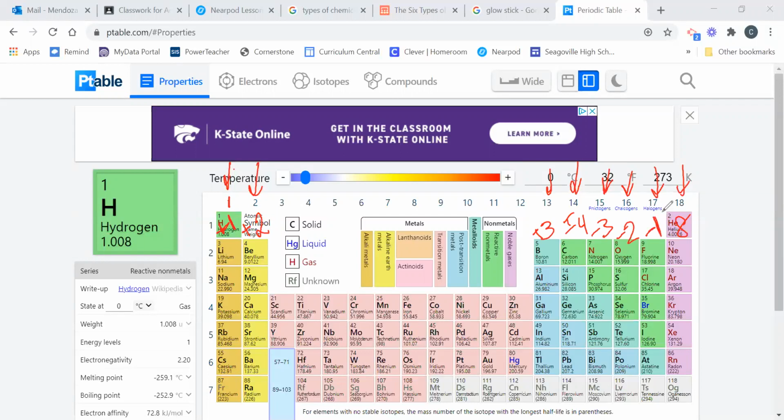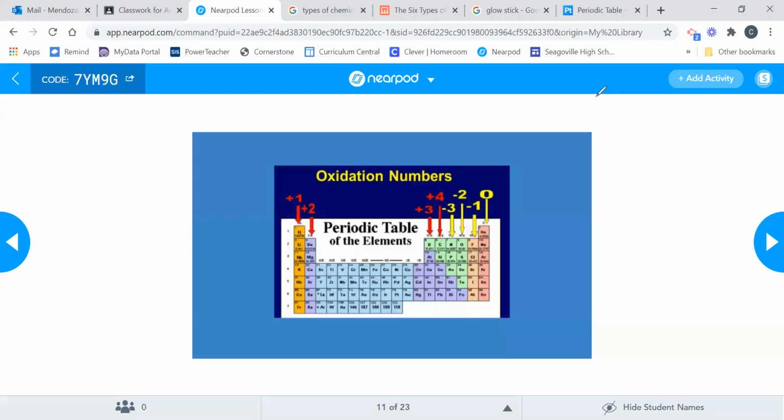This one has 7, I need to add 1 electron. And then this one, I don't have to add anything to it. It's just gonna be 0. And just know that this side is gonna be positive, this side is going to be negative. Now, you guys do need to know these oxidation numbers.